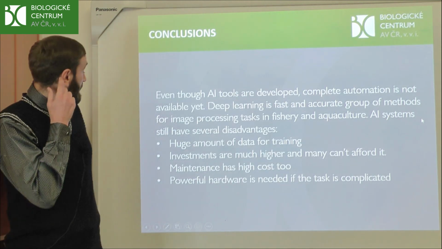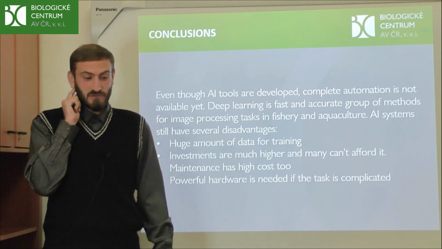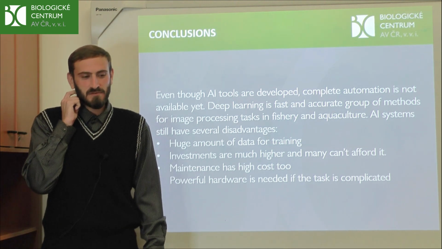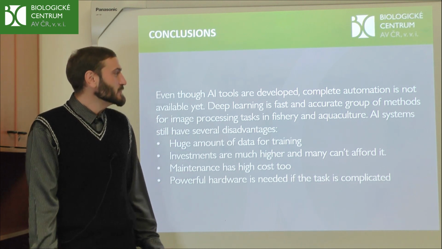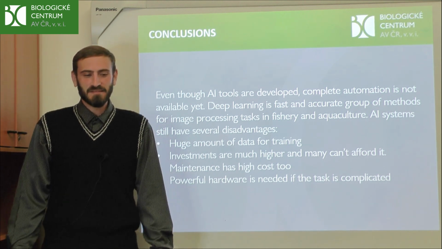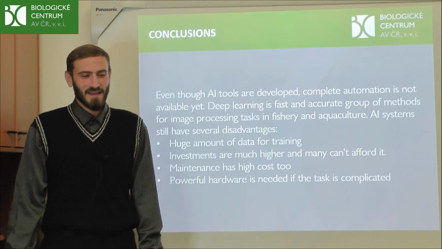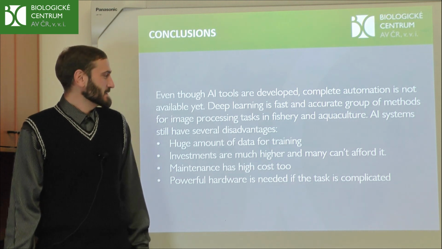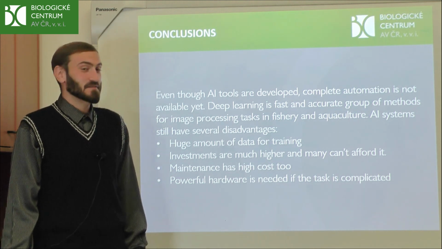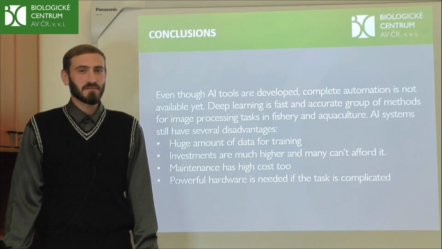And in conclusion, I want to say that even though artificial intelligence tools are very developed, they are still not completely automatic, and they have huge disadvantages from which we are suffering.